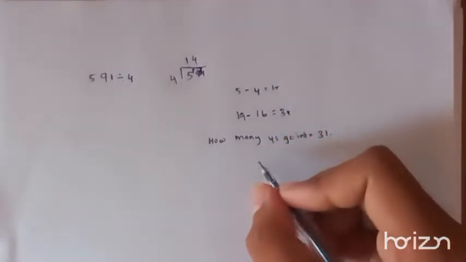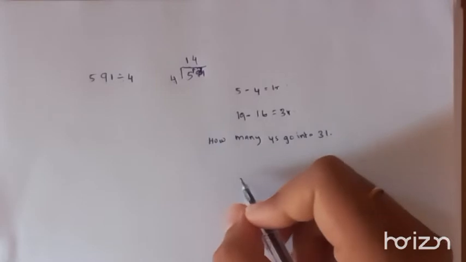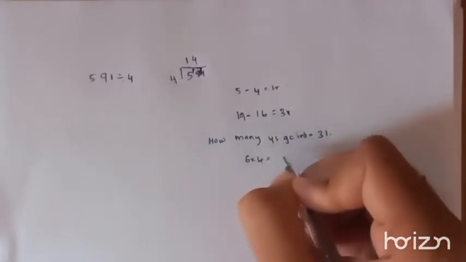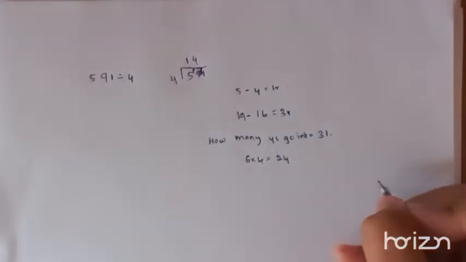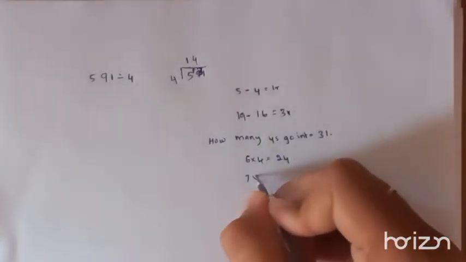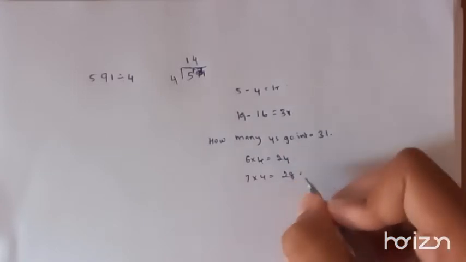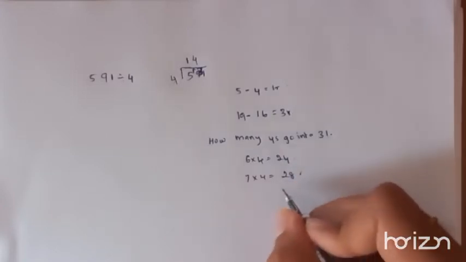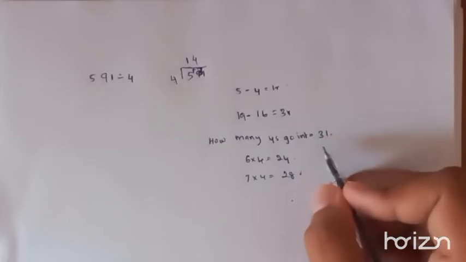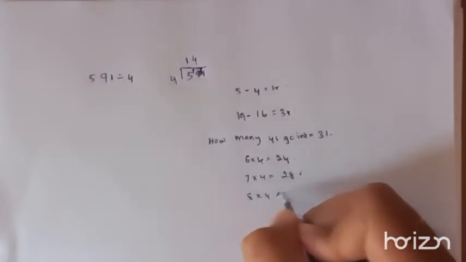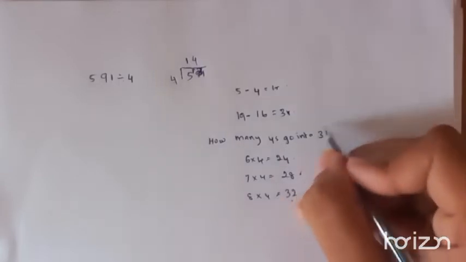We realize 6 times 4 is 24, and 7 times 4 is 28. But if we go to 8 times 4, we would get 32, which would exceed 31.